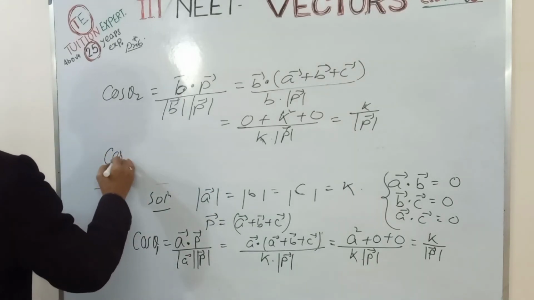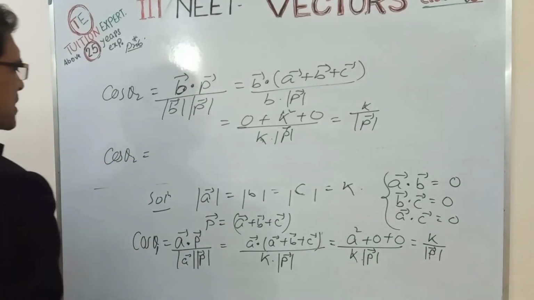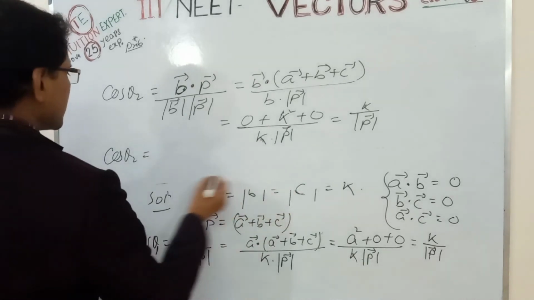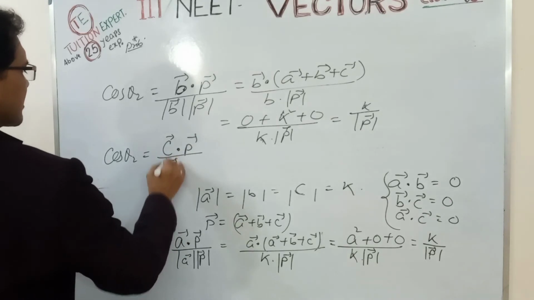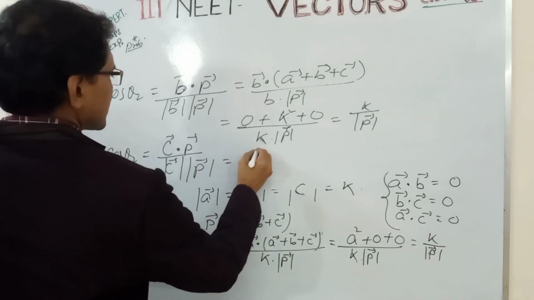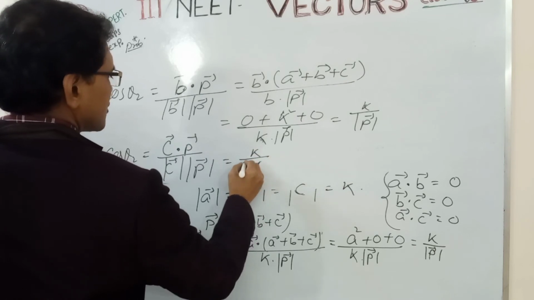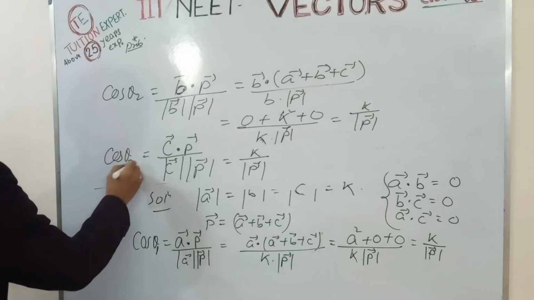Similarly, cos theta 3, the angle of vector A plus B plus C with vector C, similarly we get K by mod P. So cos theta 1, cos theta 2, and cos theta 3 will be the same because the result is the same.